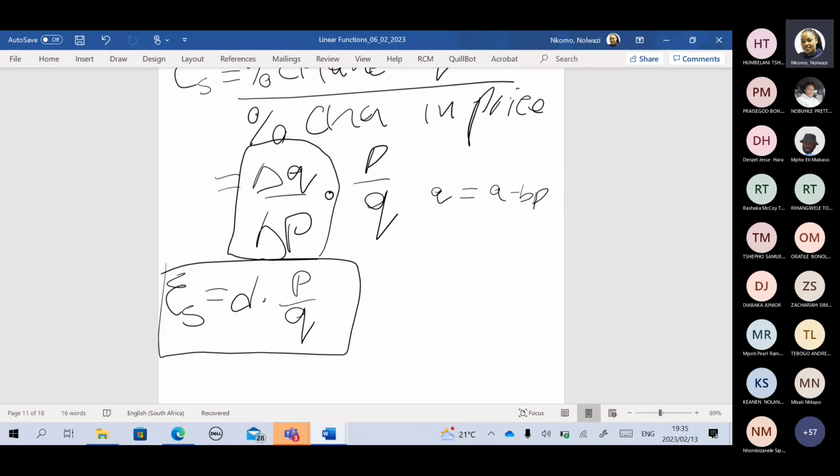This means the elasticity of demand will be ED is equal to minus B, since the slope is minus B, times P over Q. If we were calculating for a point, we'd have P naught over Q naught. Here our slope was positive D. That's why we have D, and we use the subscript S for the elasticity of supply. And if we see the subscript as D, we are calculating the elasticity of demand.